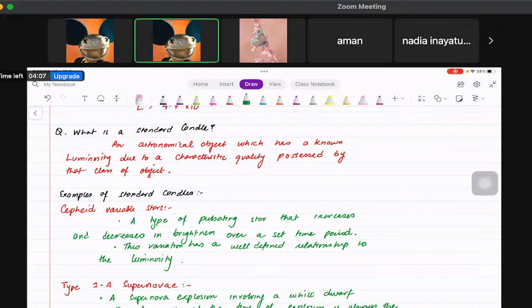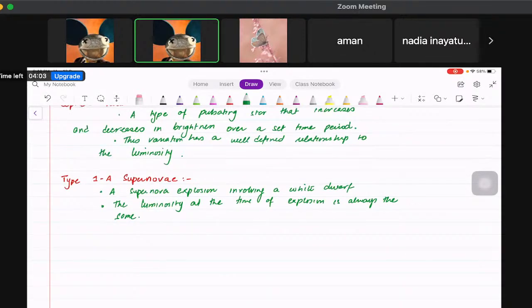So now let's write a few things. Measuring astronomical distances is a daunting, extremely difficult task.